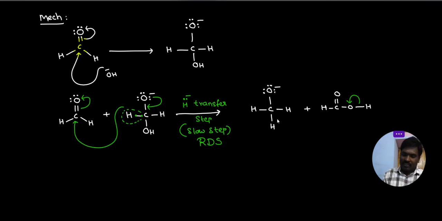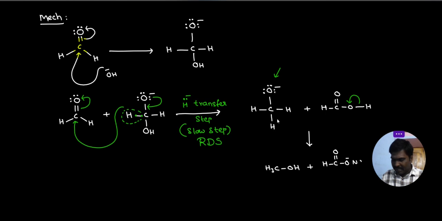That hydrogen is shifted to here. Then CH3OH, methyl alcohol, plus HC=O minus, an anion followed by a cation. Clear? This is the H plus transfer step. So, clear? This is the mechanism. It is a very important mechanism. Clear, everyone? Yeah.